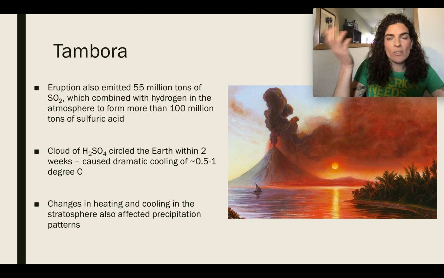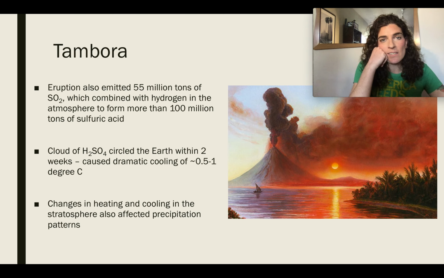Something that we also need to talk about is that this eruption not only changed the temperature of the planet, inducing this cooling, but also the changes in heating and cooling in the stratosphere affected precipitation patterns around the globe.